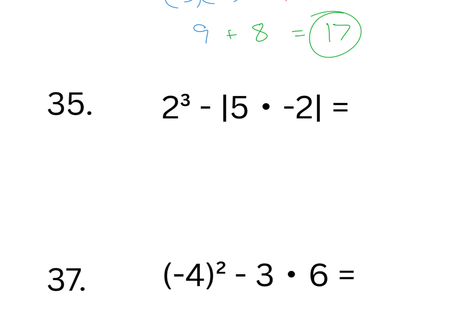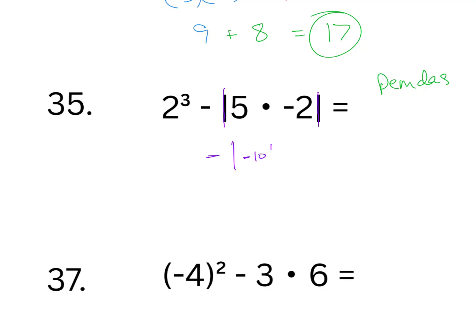2 cubed minus the absolute value of 5 times negative 2. So we have several things going on here. We have parentheses. These are like parentheses, so we can do what's inside of them. And so what we get is the absolute value of 5 times negative 2.